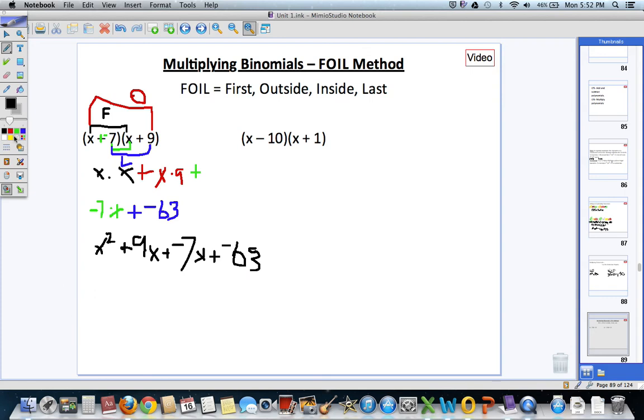So now all I have to do is combine like terms. I have a plus 9x and a plus a negative 7x. I can combine those two terms. So I'm still going to have my x squared plus 9x plus a negative 7x. These are different signs, so we're going to subtract. Keep the sign of my bigger number, that's a positive. So 2x, and I still have my plus negative 63.